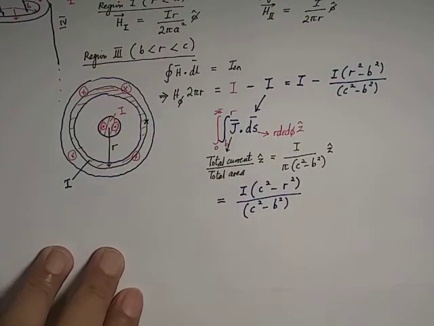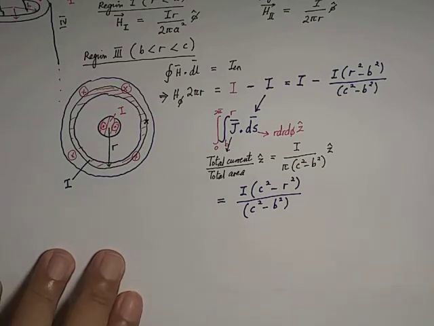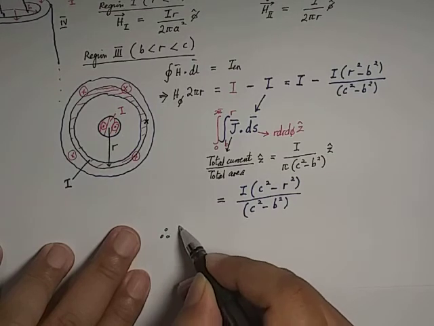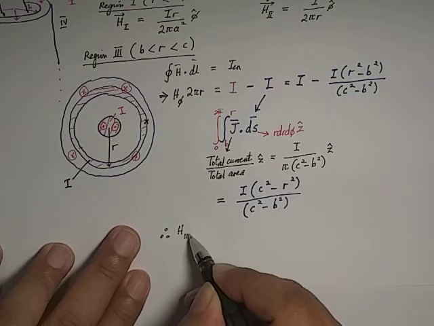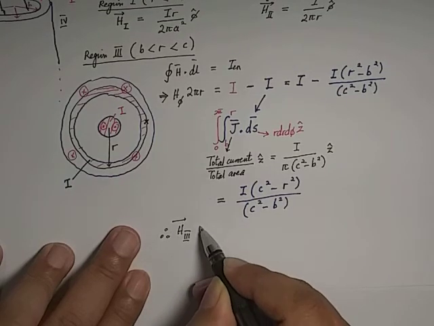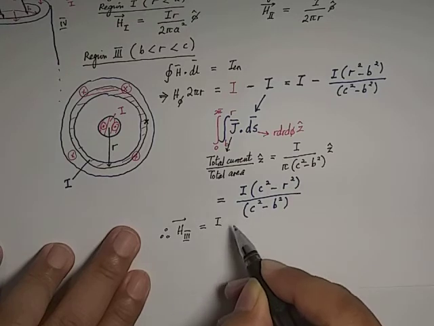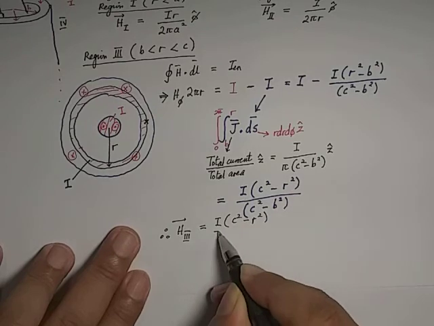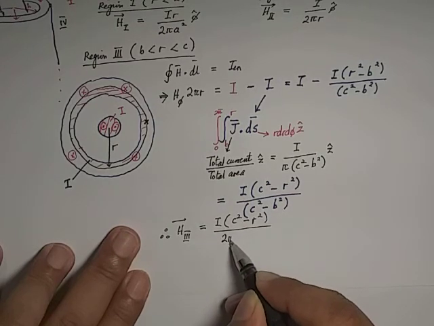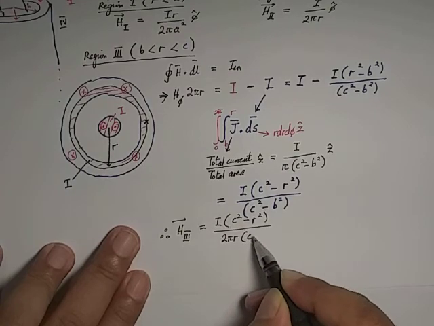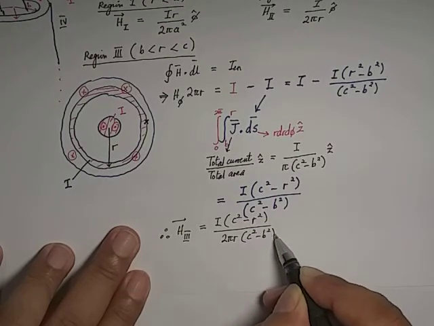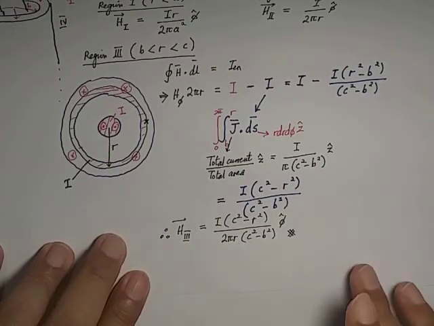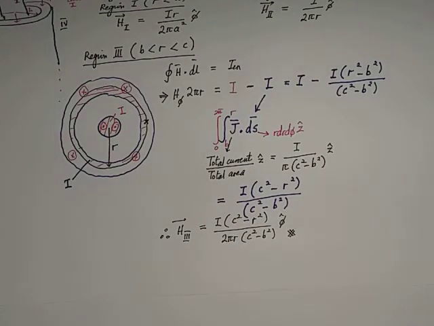Okay, so we need to find the H. So what we have to do now, H number 3. Therefore H3 will be equal to I times C squared minus R squared over 2 pi R times C squared minus B squared, in the phi direction. Okay, that should be our solution for H in region number 3, based on Ampere's circuital law.